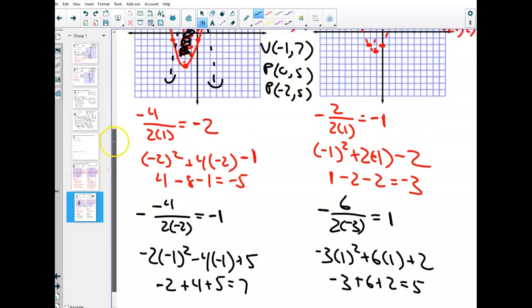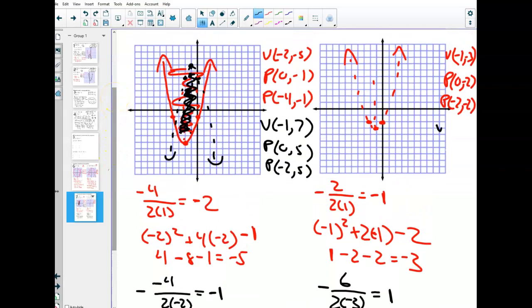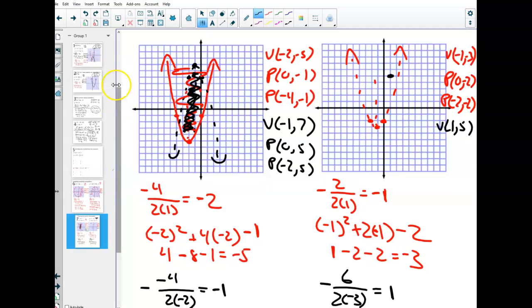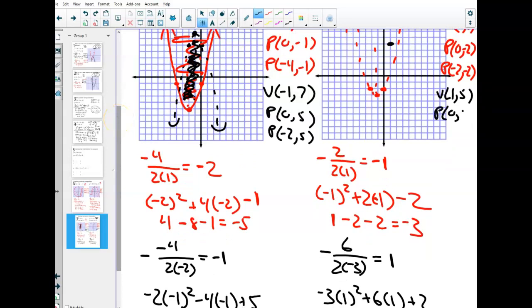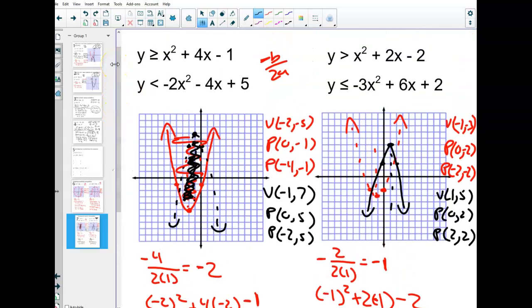So this graph, the vertex is 1, 5. 1, 1, 2, 3, 4, 5. Plug your point in. 0, 2. And it's going to be 2, 2. We draw that line of symmetry, 0, 2, 2, 2. This is going to be a solid line because it's less than or equal to.